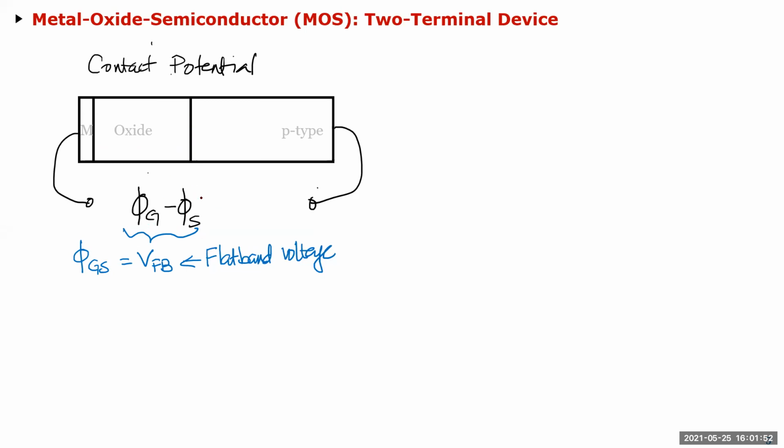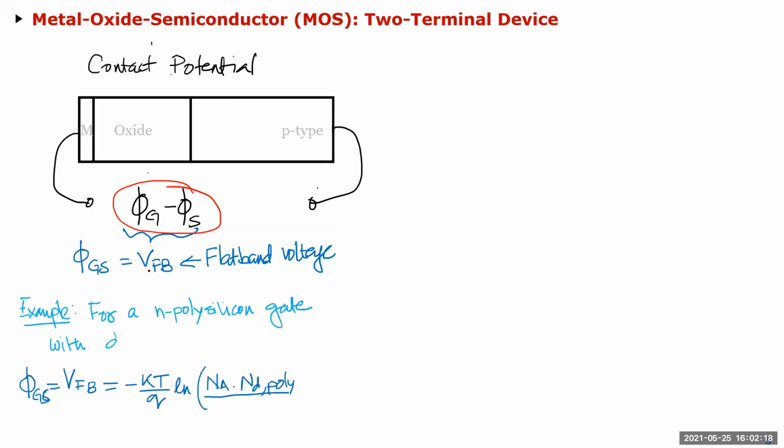But first I have to overcome this contact potential. This could be a negative value. If it is negative, then you're basically undercoming this, not overcoming it. If it is a positive value, then you have to overcome it. Or the other way around, if you're looking at it from the built-in potential. This is also called the flat band voltage.